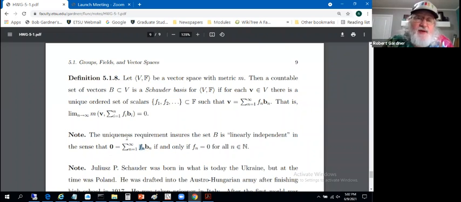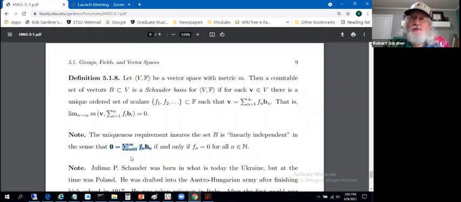That gives me the 0 vector, but the scalars are uniquely chosen under the rules of a Schauder basis. Well, that means linearly independent. Take the linear combination equal to 0, the coefficients must be 0. That's linear independence. Though I'm taking liberties with the term linear, that's the reason I have them in quotes here, that's not a linear combination in the traditional sense.